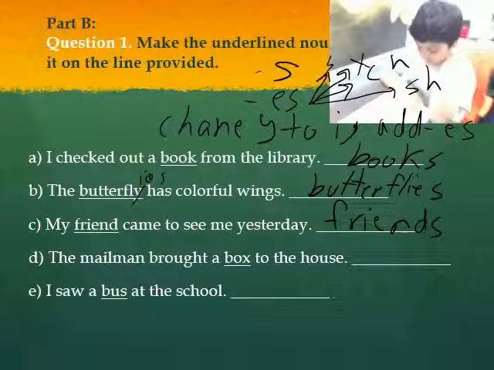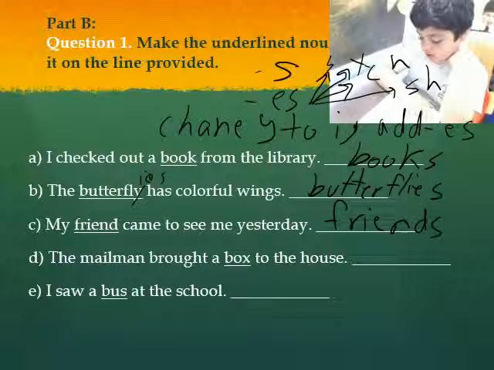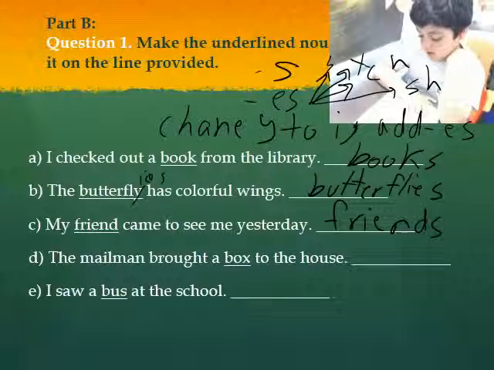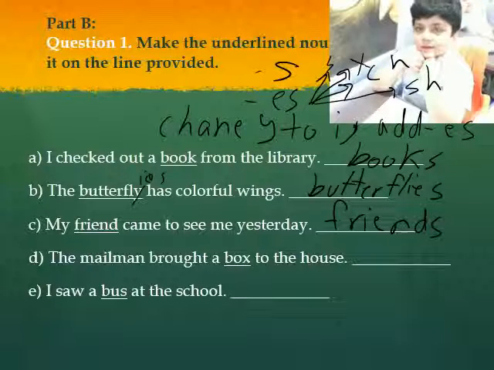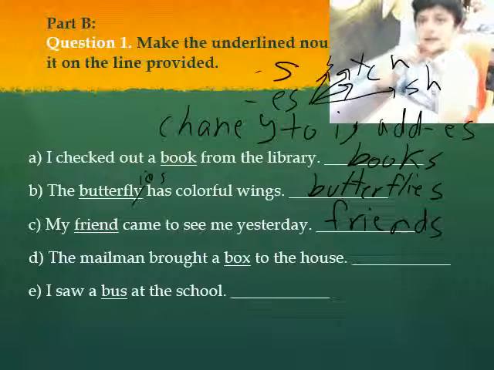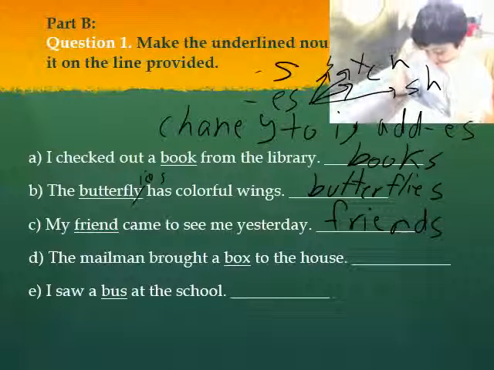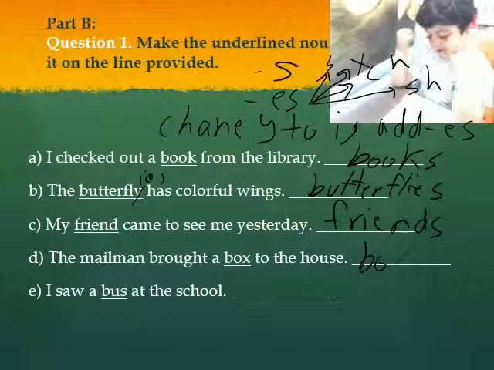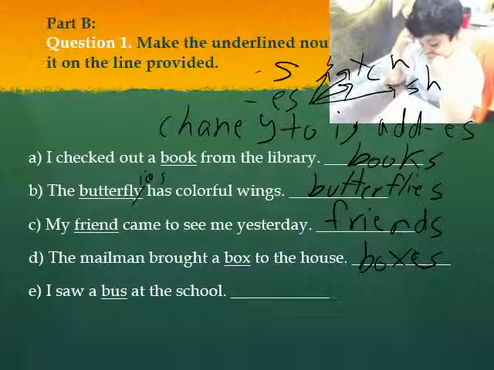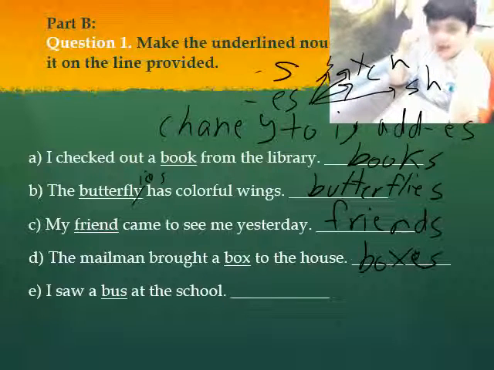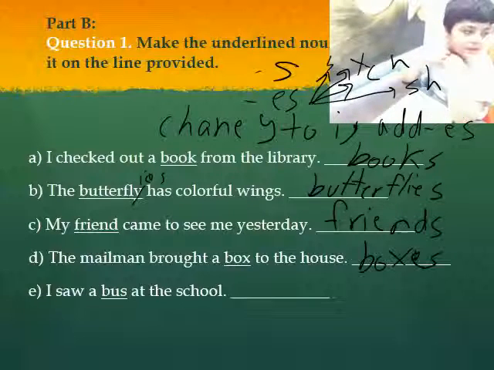Okay, so we have the word box. How are we going to change it to its plural form? What are we going to add? S or ES? It's going to be boxes. But why did we add ES, not only S? Because it ends with what? Very good. Because it ends with X.